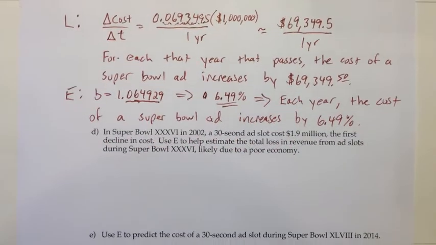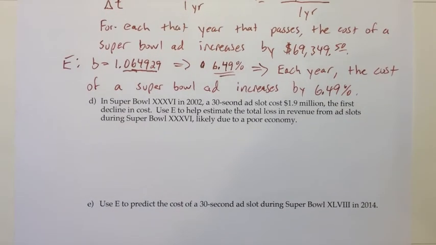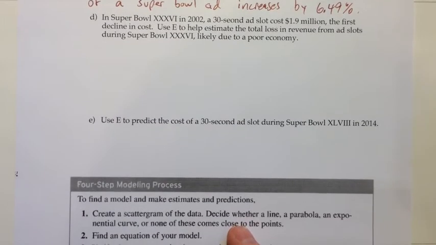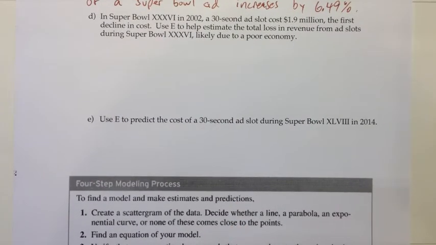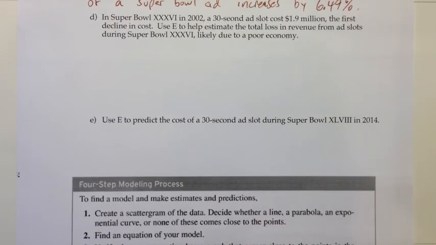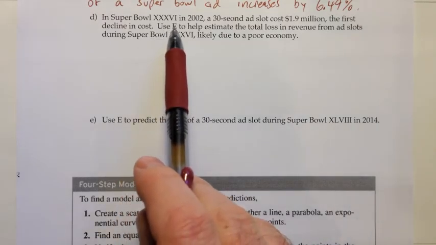Alright, so now at this point, we're going to finish off with a couple more, and you're going to see that they finally are kind of on board with us that the better one to make predictions with is E, and so they're going to ask us to use E for both of these last ones. Alright, so let's read through part D. In Super Bowl, let's see, Roman numerals, that would be 36.